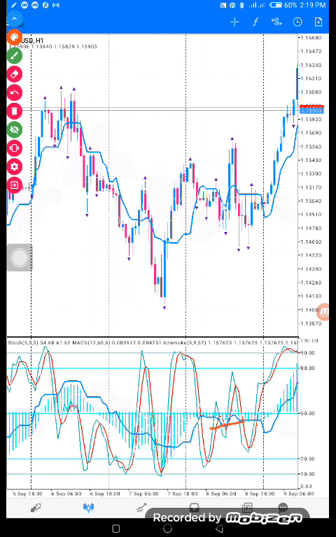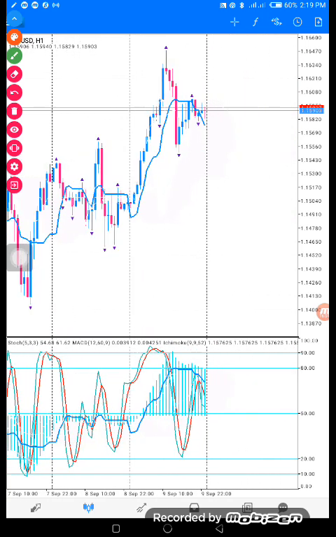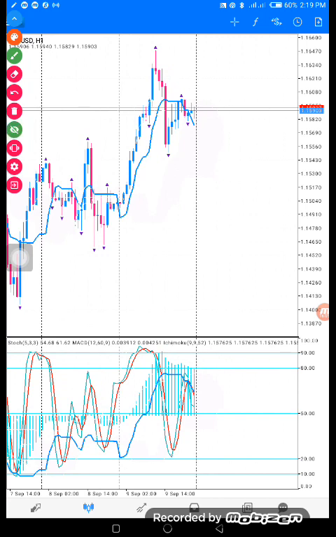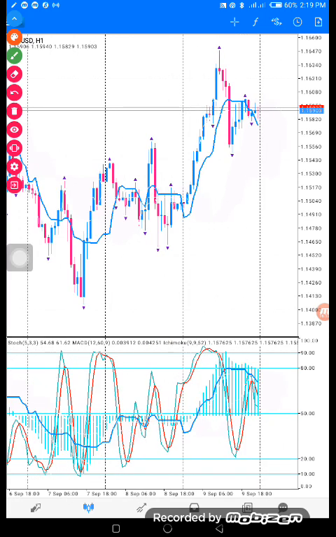But if I drag the screen back here, you see that the Ichimoku was down. You understand? If it's down like that, you know that this is a go for you.